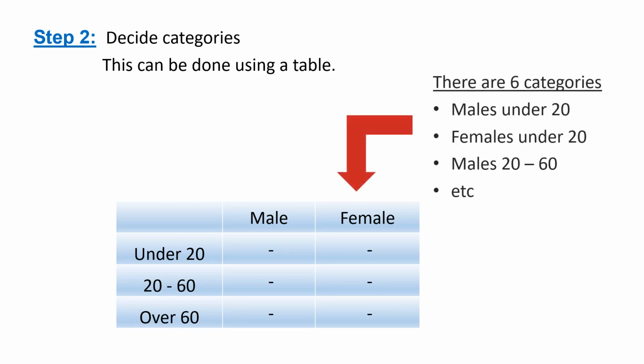In other words, you need 6 of these categories: males under 20, females under 20, males between 20 and 60, females between 20 and 60, males over 60 and females over 60. All in all, you need 6 categories to collect your data.